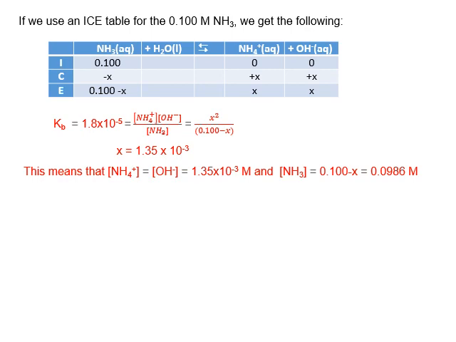We could solve for the concentration of ammonia as 0.1 minus x, and we would get 0.0986 molar.